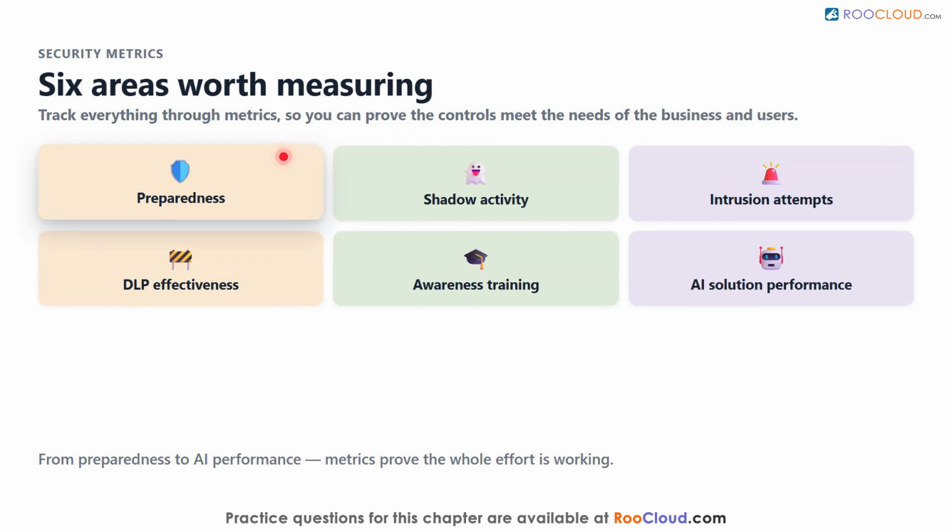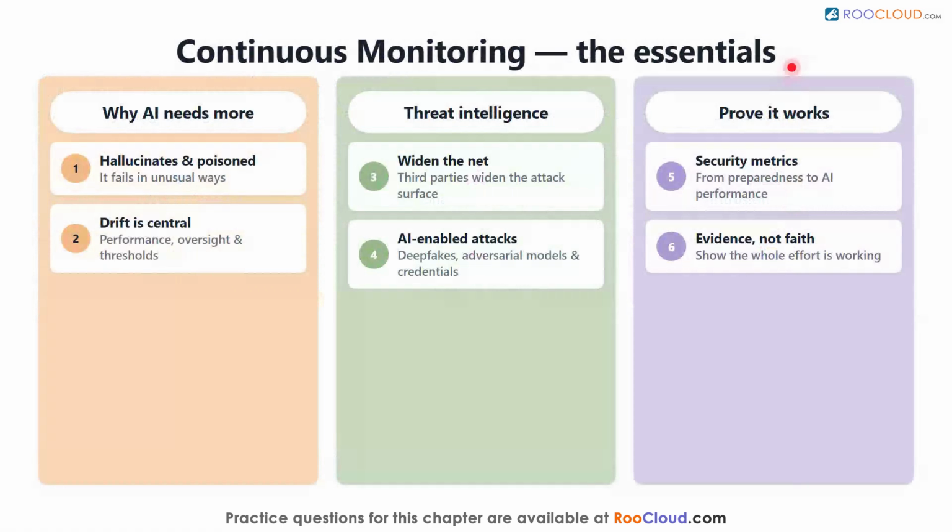Useful areas include the level of preparedness, such as update compliance and high-risk vulnerability identification, the amount of shadow activity through device counts and inventory, intrusion attempts by breach counts and source analysis, data loss prevention effectiveness by prevention ratio and response time, awareness training effectiveness by engagement and behavior change, and AI solution performance itself by false positive rate, drift frequency, and response latency.